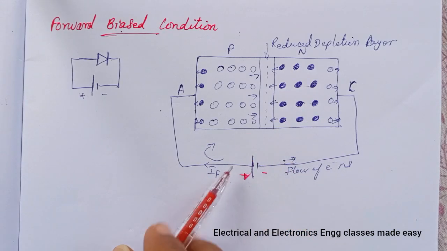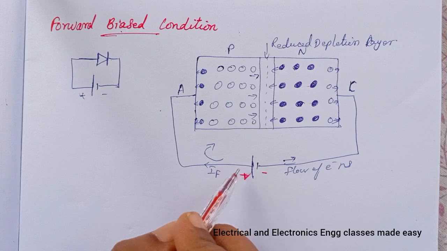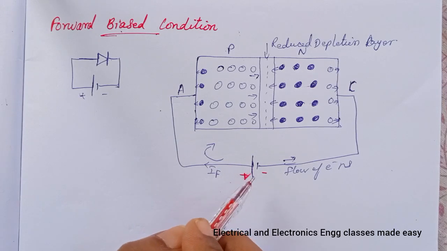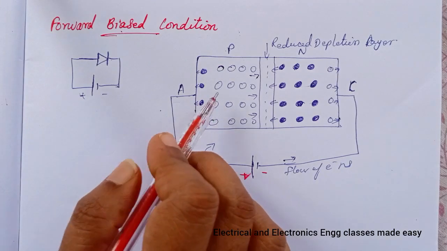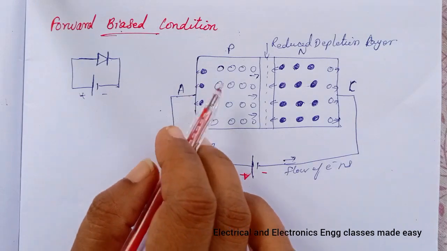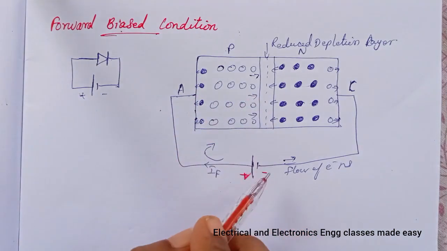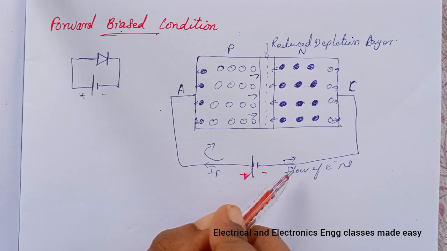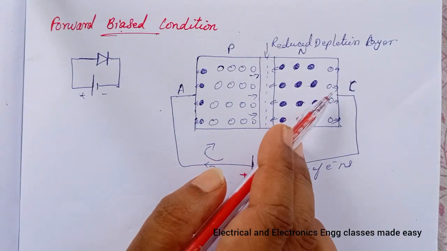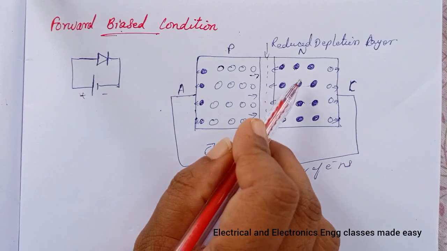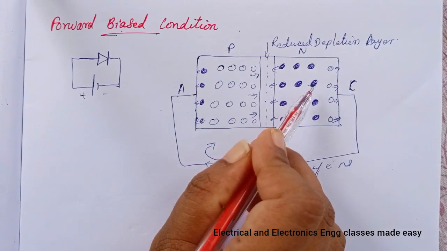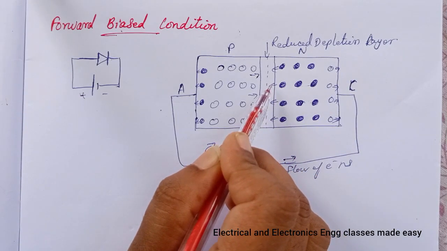And in forward biased condition, the positive terminal of the battery repels the holes in the P region towards the junction. Similarly, the negative terminal of the battery repels the electrons in the N region towards the junction.